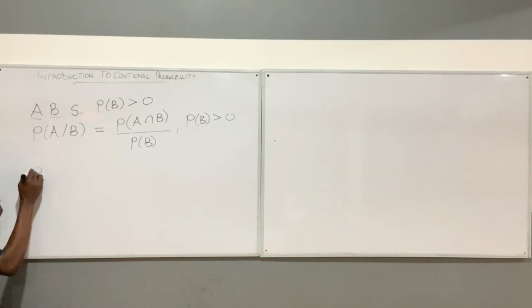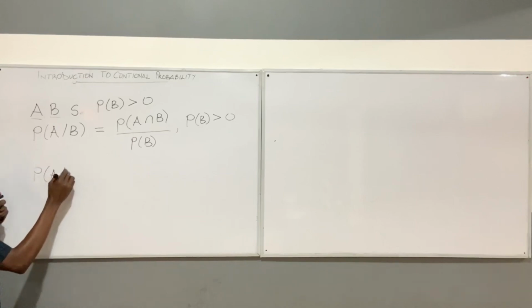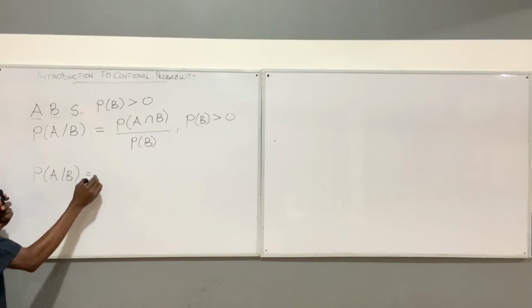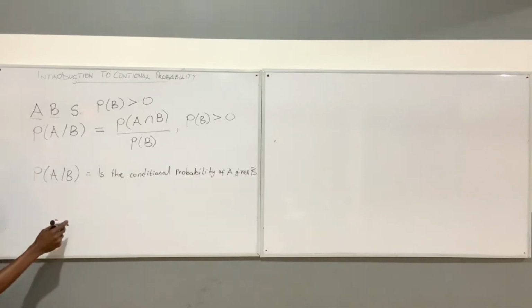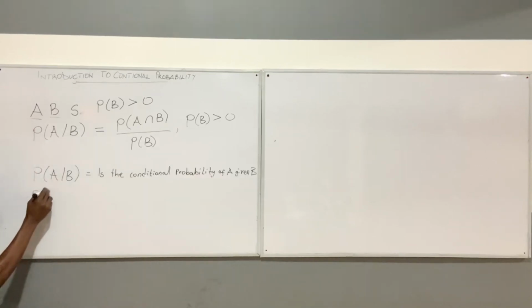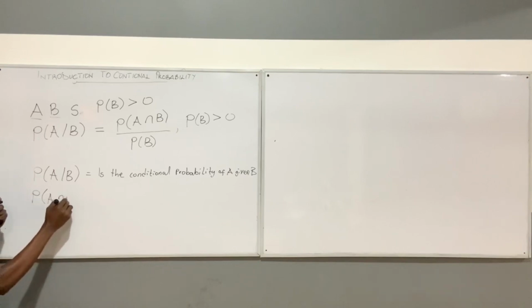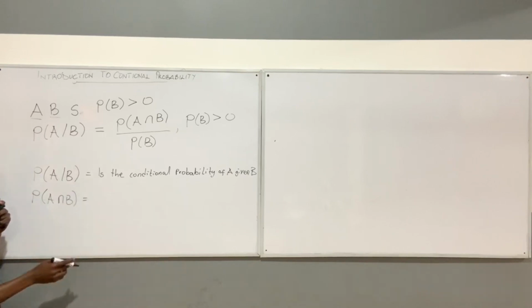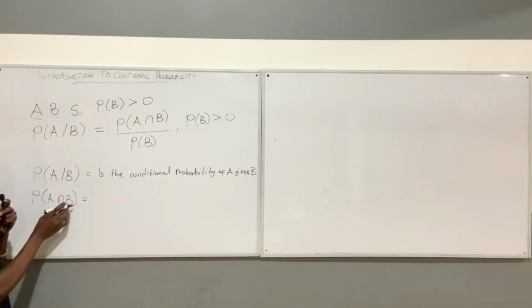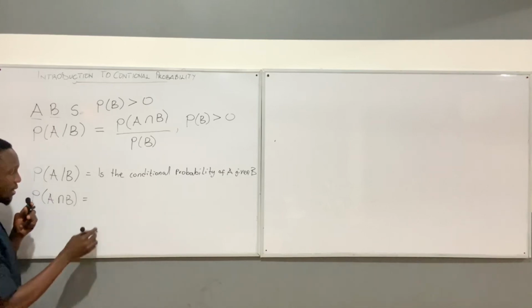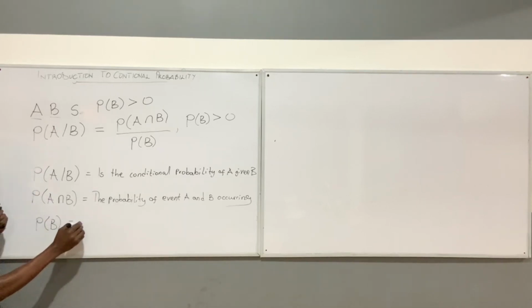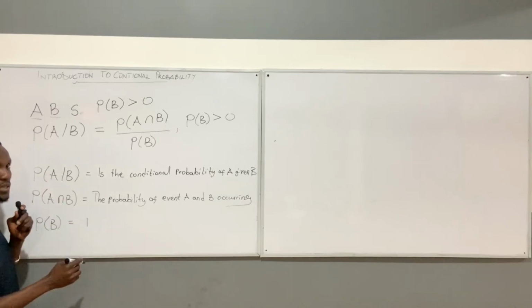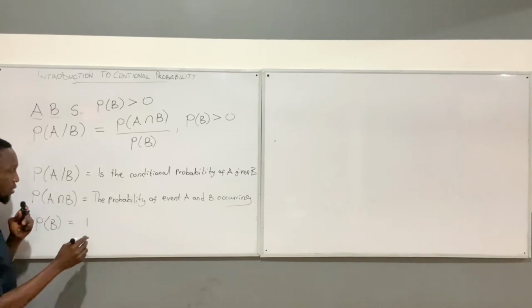P of A given B is the conditional probability of A given B. P of A intersection B is giving us the probability of A and B occurring together. Finally, P of B is the probability of B that has already occurred.